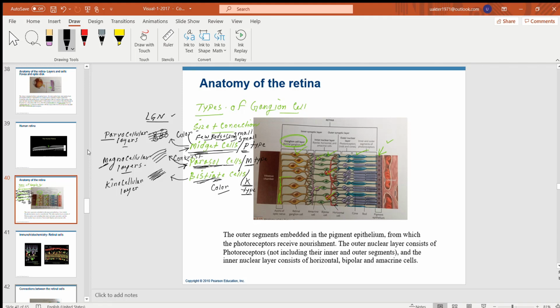One type of cells, the ganglion cells, they project the signal to the hypothalamus. So from the retina, these cells, retinal cells, there are few, send signal to the hypothalamus.